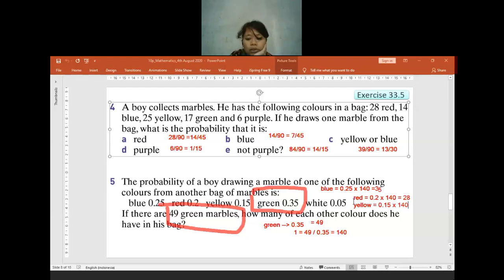How many will it be? Is it 21? Yeah, 21. Okay. For the last one, the white color, how many will it be? Is it 7? Or is there anyone who got a different answer? Same. Yeah, same.